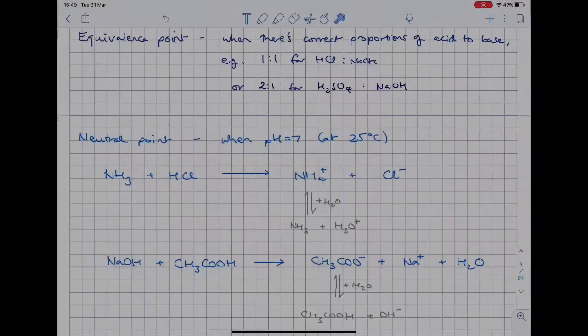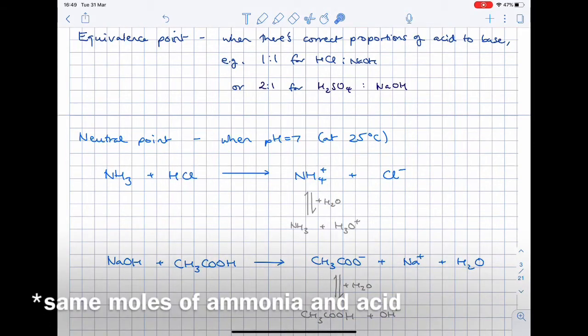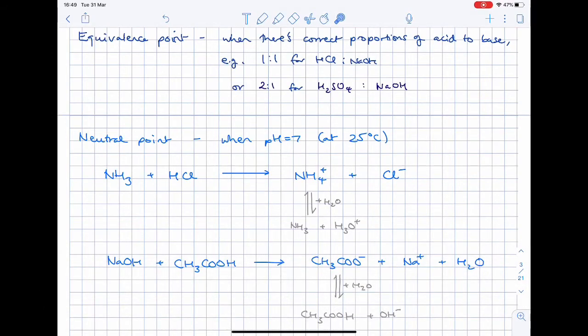So to illustrate the point that the neutral point is not the same as the equivalence point, if we have ammonia reacting with hydrochloric acid and we have equal moles of these, so that's the equivalence point, I've added the same moles of the ammonia to acid, I'm going to get ammonium chloride. But the ammonium chloride produced is going to be a weak acid because it can form hydroxonium ions in water.